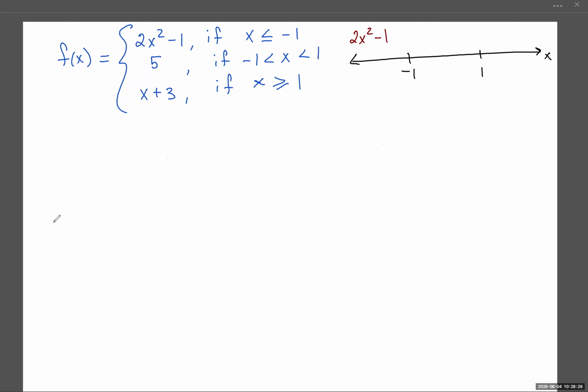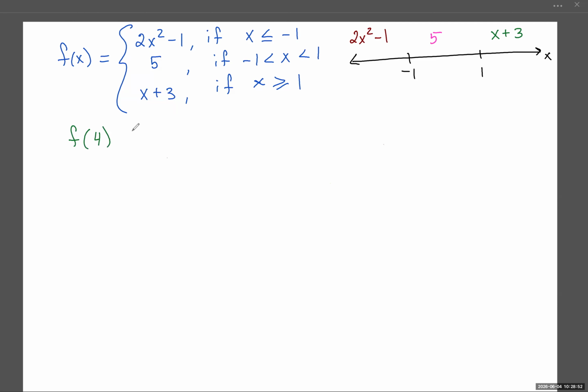For all the values that are in between negative 1 and 1, the function will have a constant value of 5. And for all the numbers that are greater than or equal to 1, we're going to use the function x plus 3. So let's go ahead and do some values.